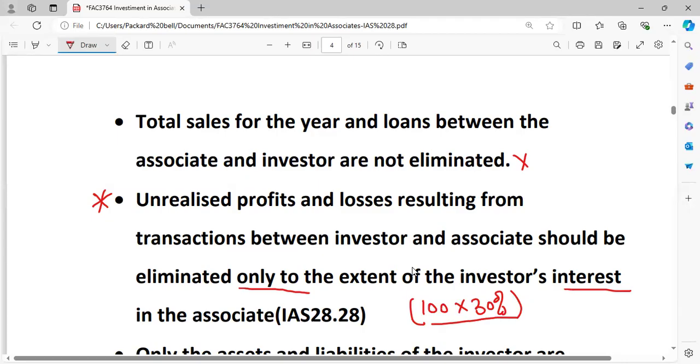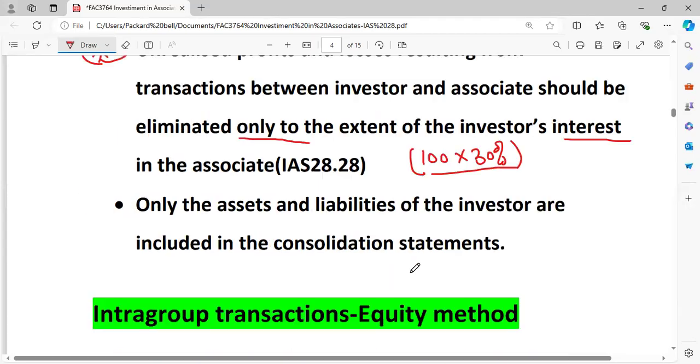So that's another key area when you are eliminating. Then another key area is that only the assets and liabilities of the investor are included in the consolidation statement.